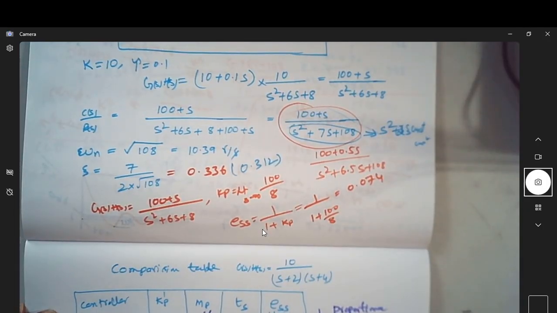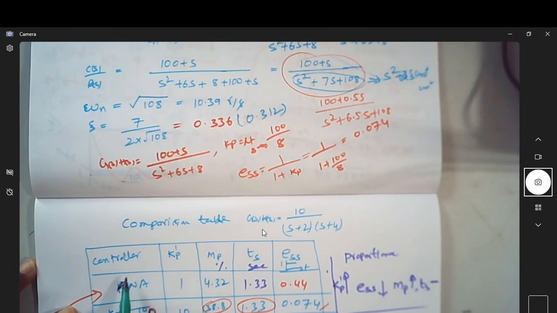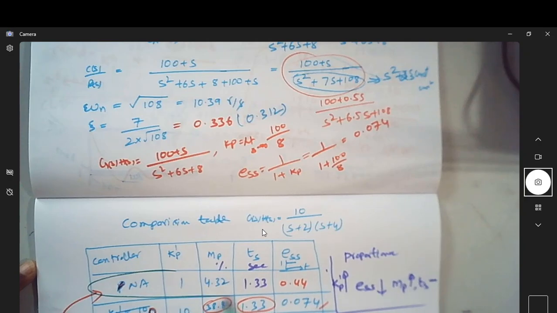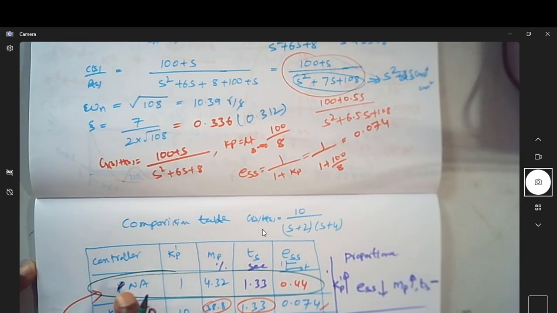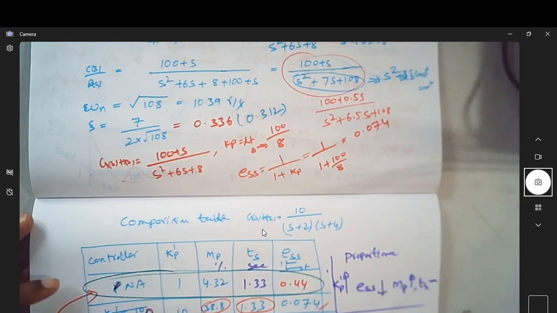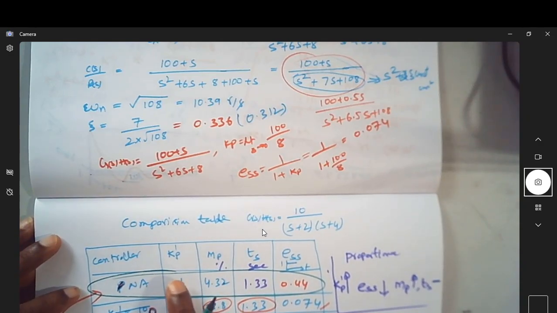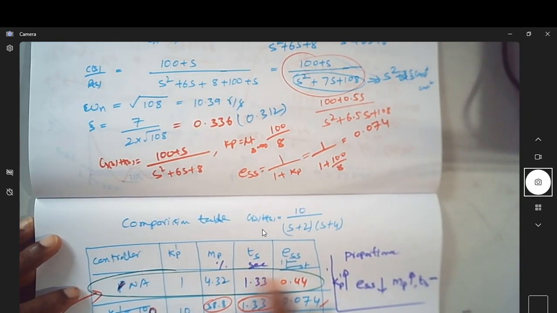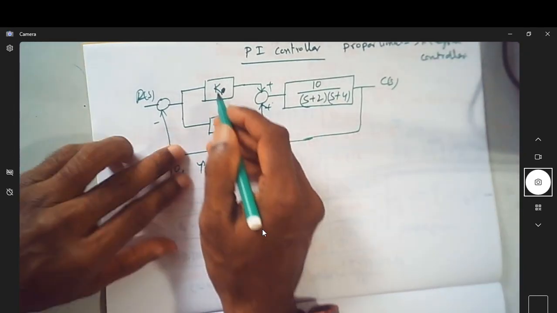These are the values we have without considering the controller. Now we shall consider the PI controller and try to identify its impact on all these parameters.